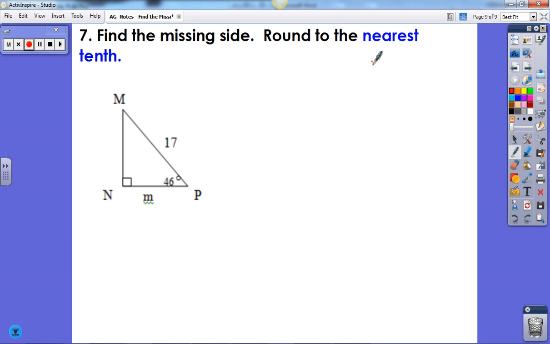Last example, set this up. I have this angle, I have the hypotenuse, I'm looking for the adjacent, so that's going to be cosine. So cosine of 46 equals adjacent over hypotenuse.